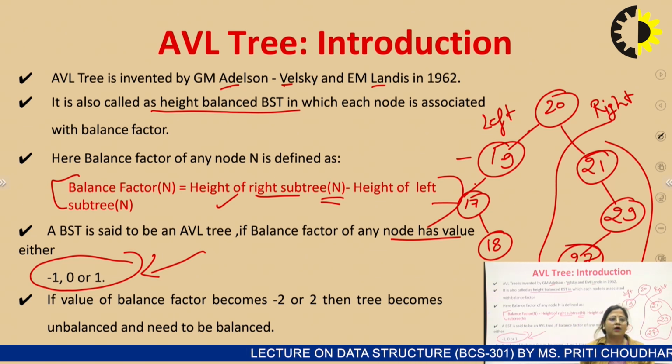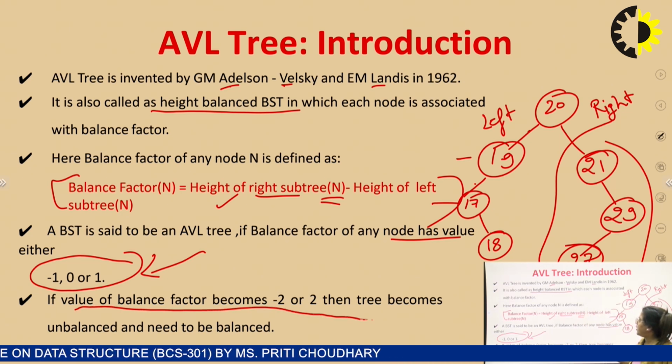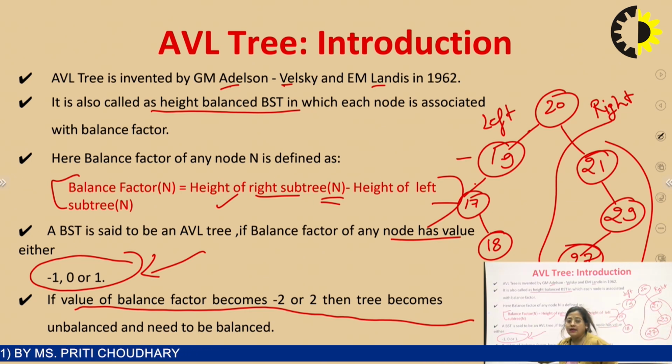If the value of the balance factor becomes 2 or minus 2, then the tree becomes unbalanced, so it needs to be balanced.